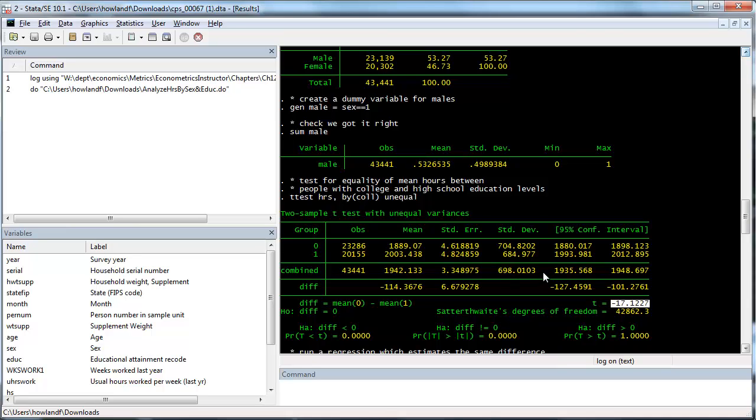The chances of getting a result like this, if the null hypothesis is true, if population average hours for high school people and population averages for college people is equal, the difference is 0, we would never find this t-statistic. We conclude that there really is a difference between hours worked by college-educated people and hours worked by high school-educated people. So that's our first test.